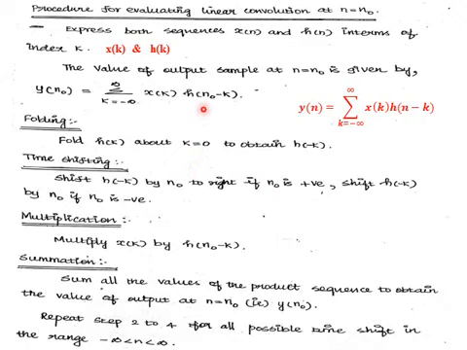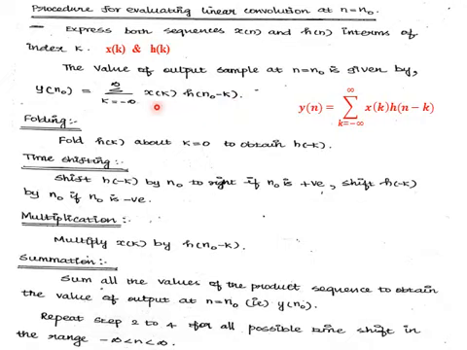So first you fold h of k to get h of minus k. Then you shift h of minus k by n naught units towards the right if n naught is positive, and towards the left if n naught is negative. Once these two steps are over, we are ready with the sequence h of n naught minus k.